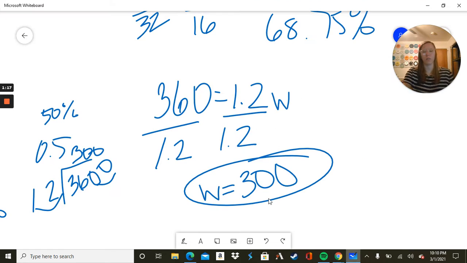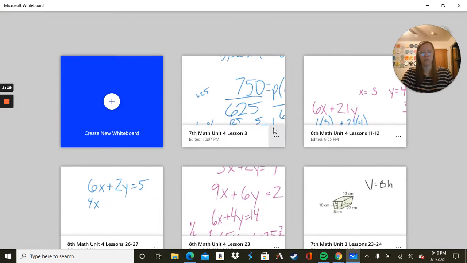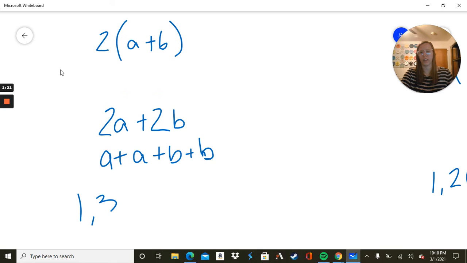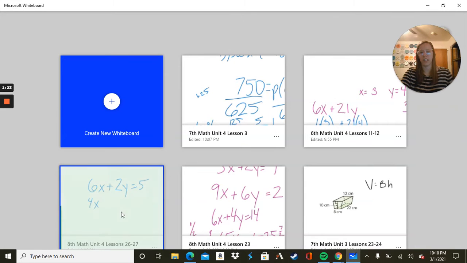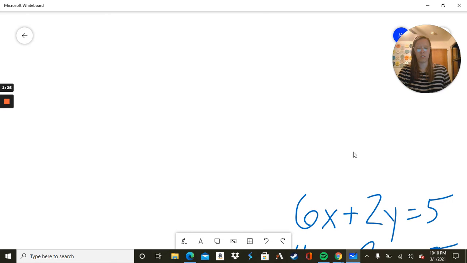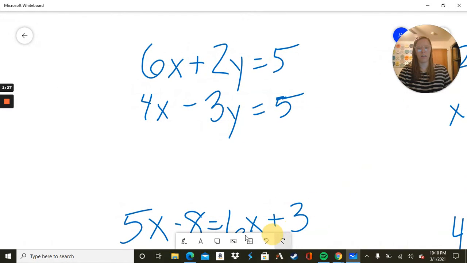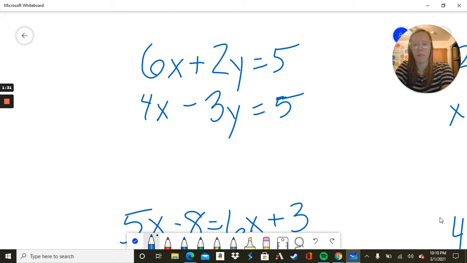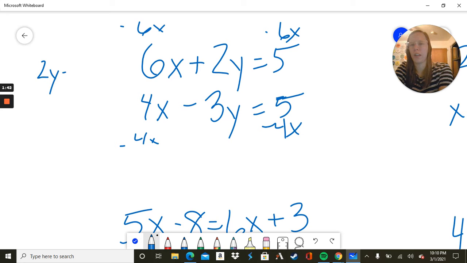First, let's rework those. Okay, so we're going to write them in slope-intercept form so we can see what they look like. So here we're going to subtract 4x. Here, subtract 6x. So this one is 2y equals negative 6x plus 5.